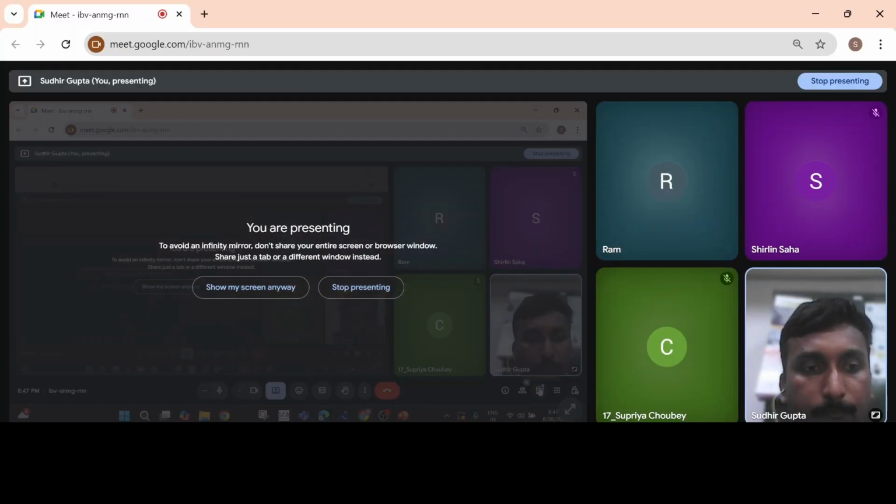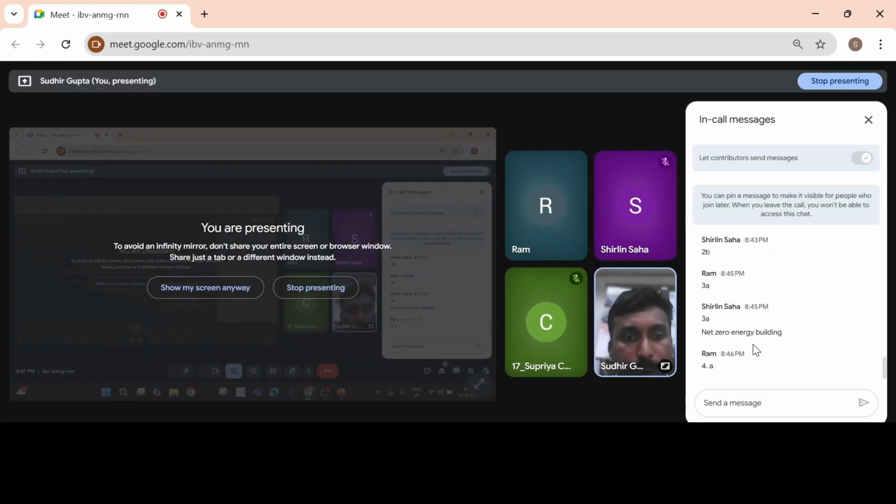Fourth question. Option A has been marked. Okay, what about others? Celine is also opting for option A.